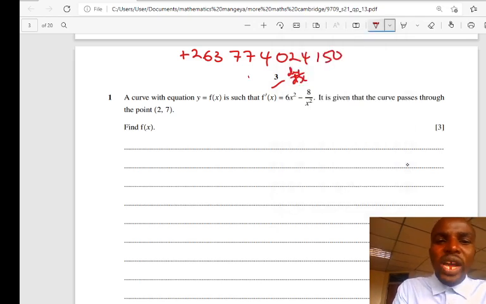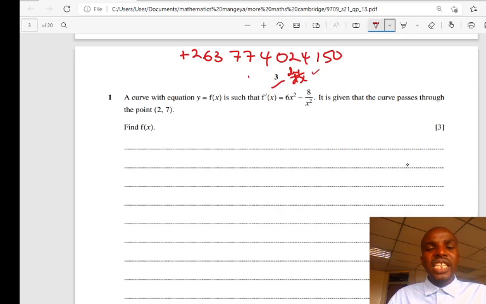So it's the same as dy/dx, this one. That's the first derivative, f'(x). It is given that the curve passes through the point (2, 7). Find f of x.